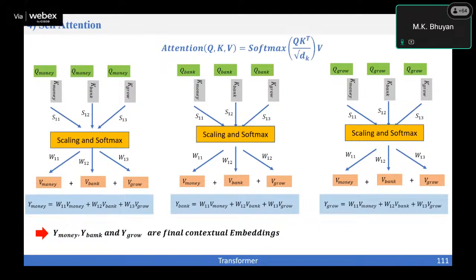So Y money is nothing but W11 into V money plus W12 into V bank plus W13 into V grows. Similarly Y bank also I'm getting. Like this, we are getting these embeddings. That is actually the final contextual embedding I'm getting.